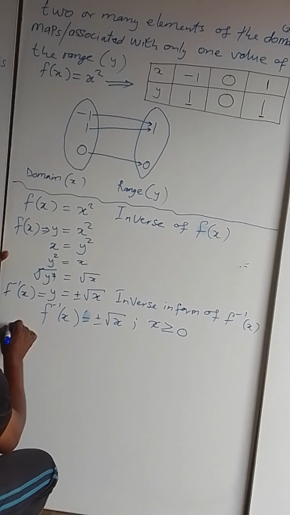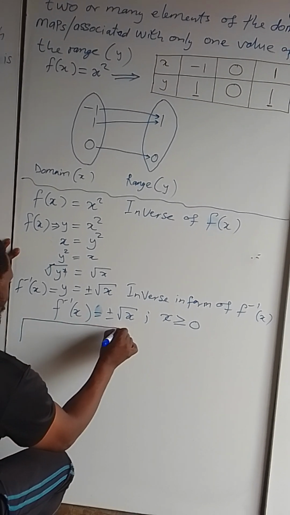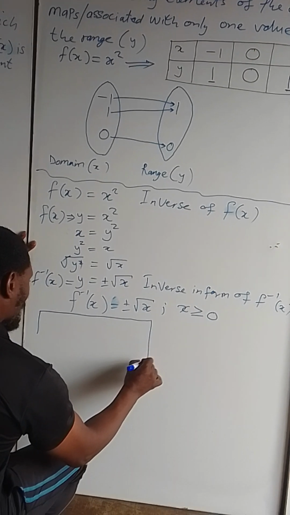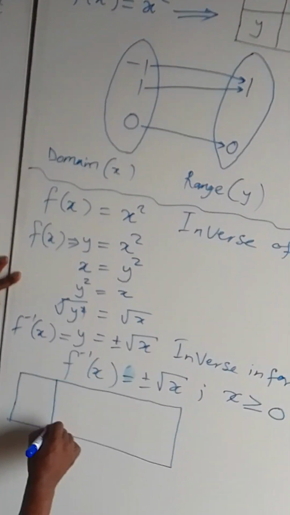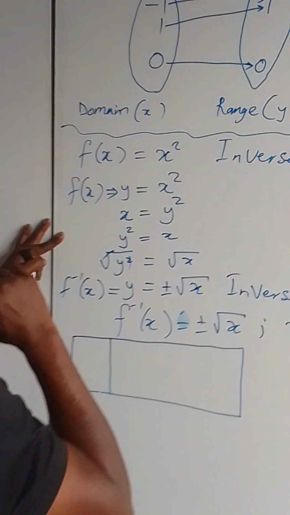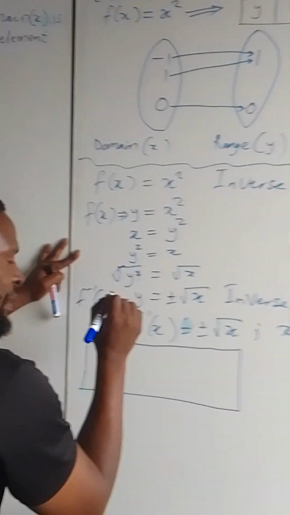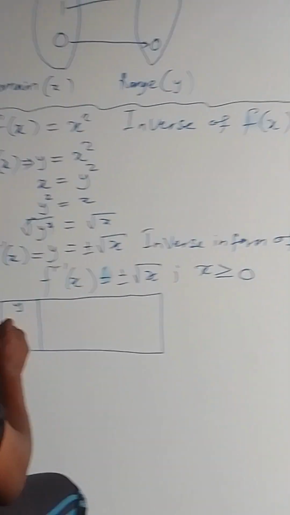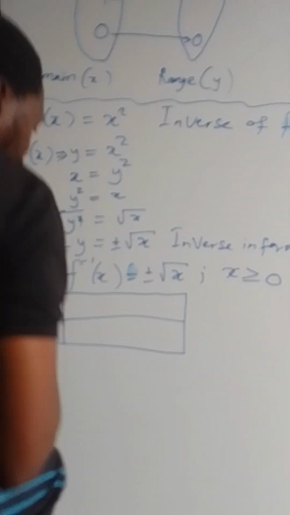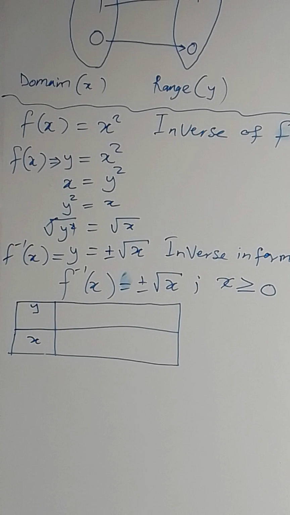Now, if we were going to put it on the table, remember, where you see x, you put y. Where you see y, you put x. Tables have changed. Tables have turned now.